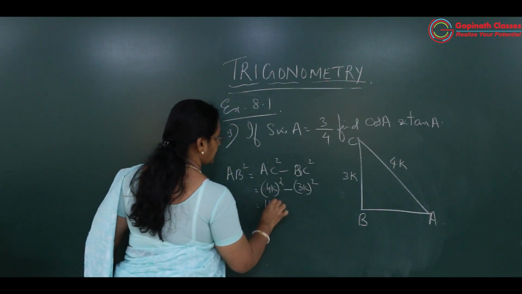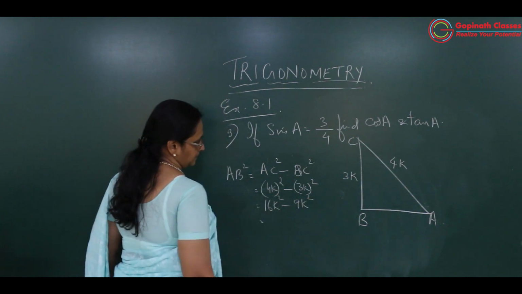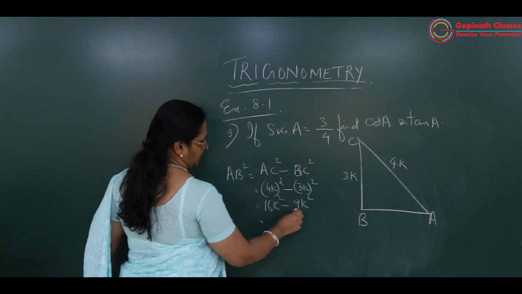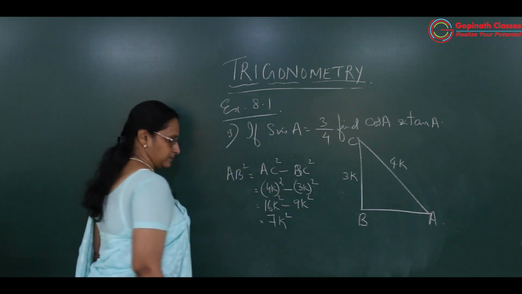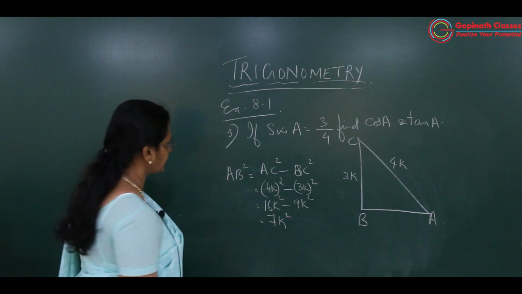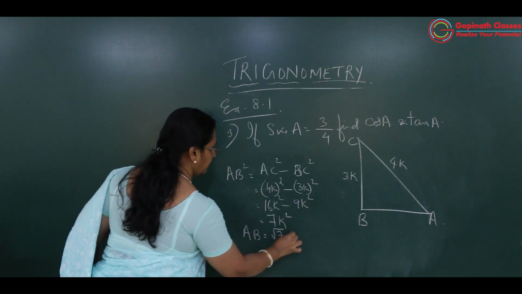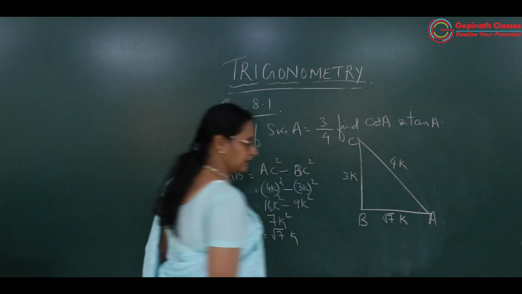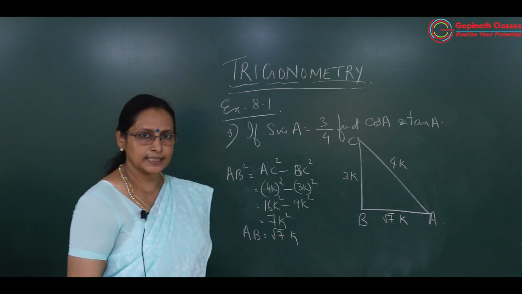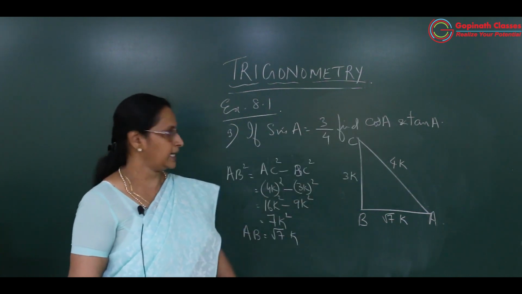So it is 16k square minus 9k square, which is 7k square. AB square is 7k square. So AB is root 7k. So we are getting the third side as root 7k. So we got all the 3 sides. After getting all the 3 sides, we can easily find out cos A and tan A.